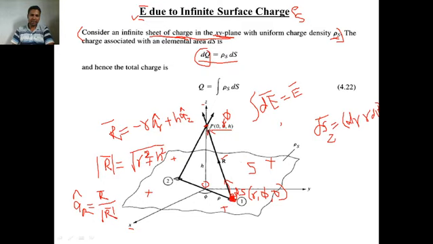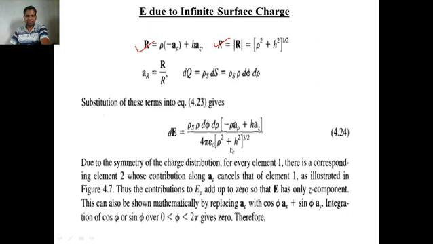But what is our main objective? We want to find the total E bar due to the total surface charge. Here we obtain only the differential electric field intensity due to a differential surface element. In order to obtain total E bar we have to take the integration.